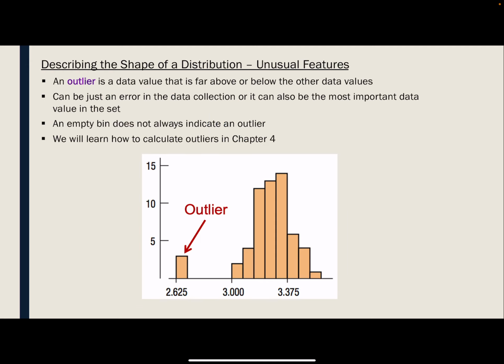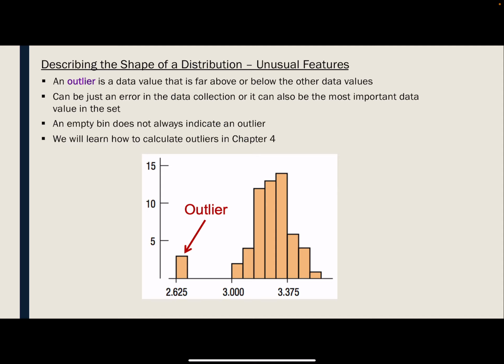The last thing that we talk about when we talk about the shape of a distribution are any unusual features. And for the most part, that means we talk about outliers. Outliers are data values that are really far from the rest of the other data values. So they're either very far below or very far above the other data values. There are several reasons that an outlier can occur.